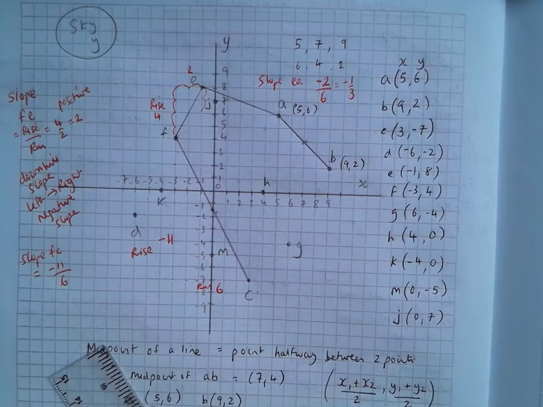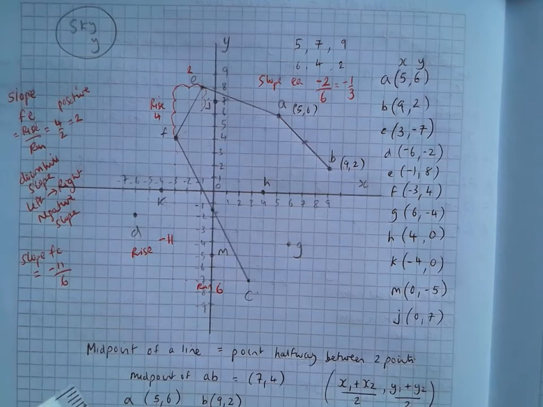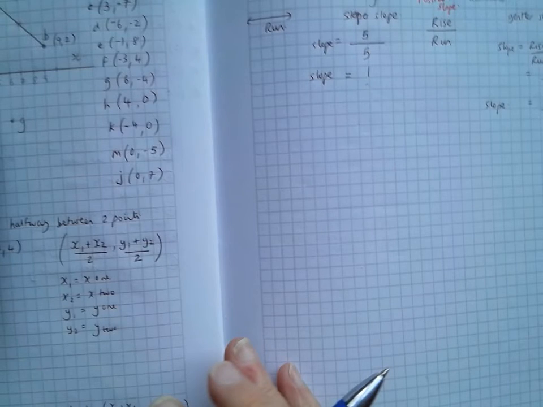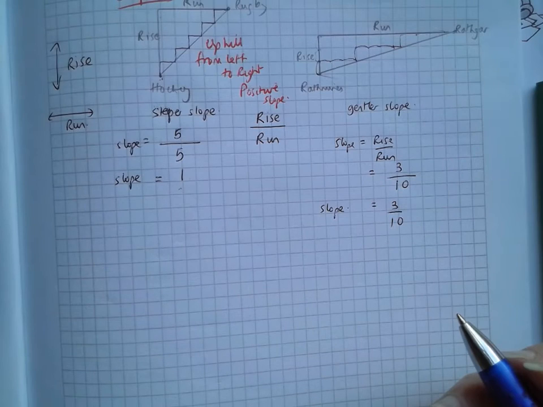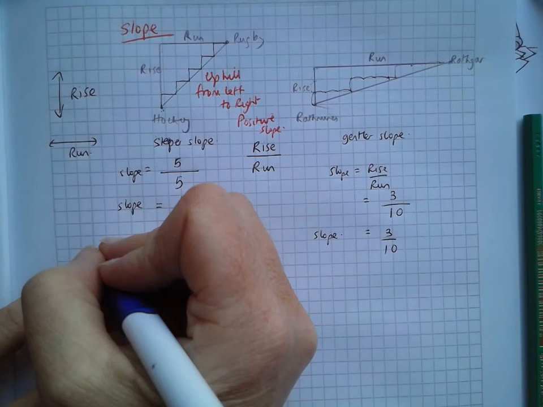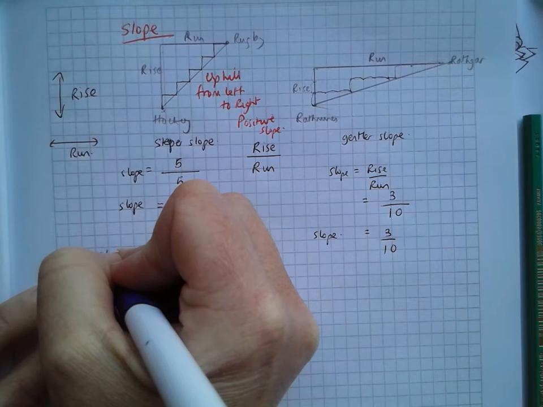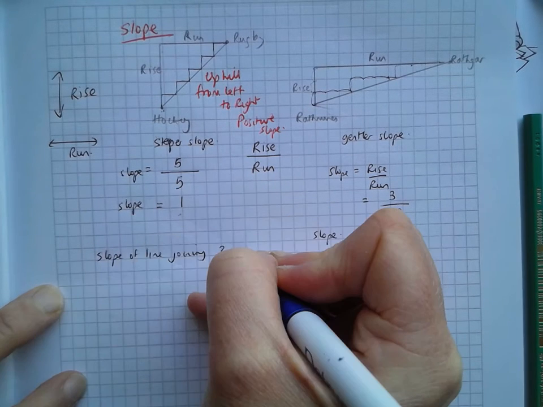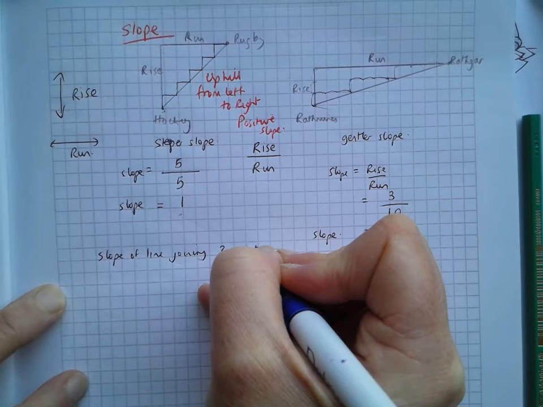Now, I know we're running out of time. I'm just going to go through how we use the formula for slope, but keep in mind this idea of rise over run. So the slope of the line joining 2 points. Let's take the ones we did over here.